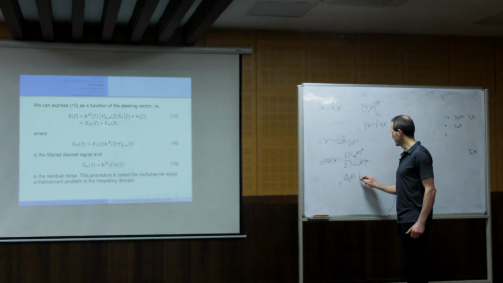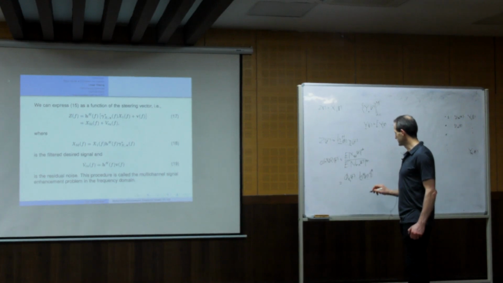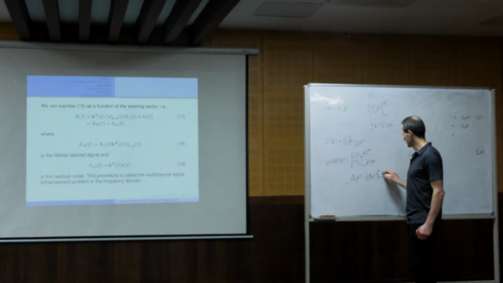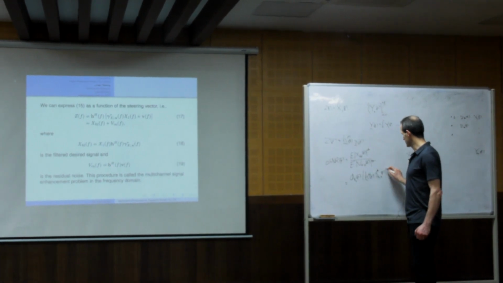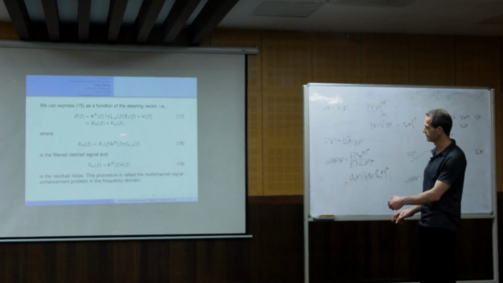So it will be H conjugate transpose multiplied with the coherence function between x1 and x, magnitude squared. See, this is the variance of this part.